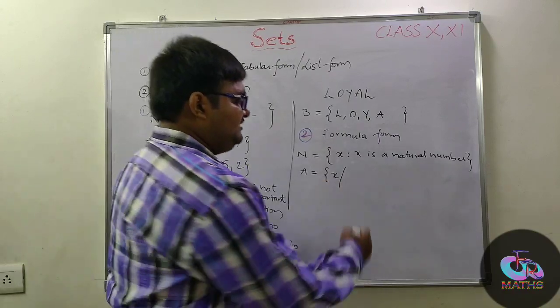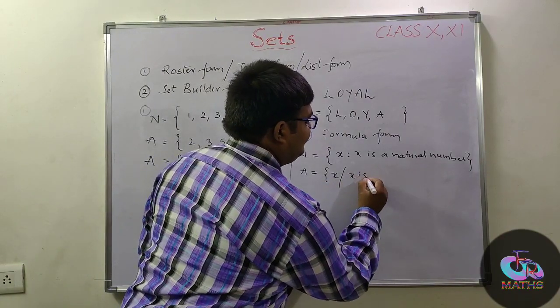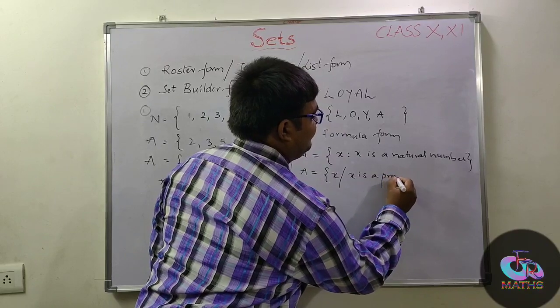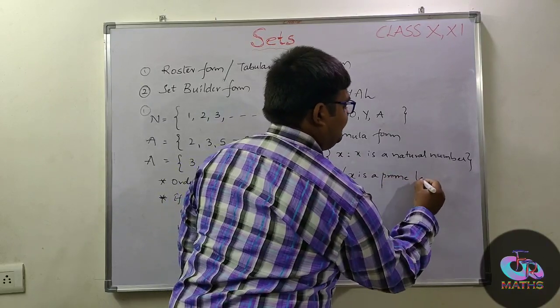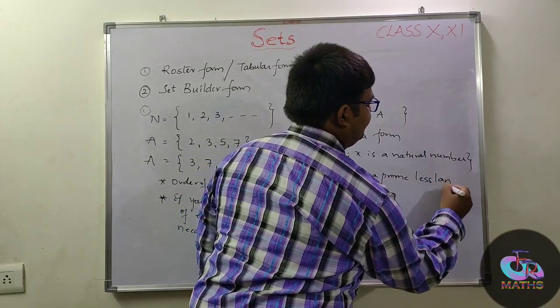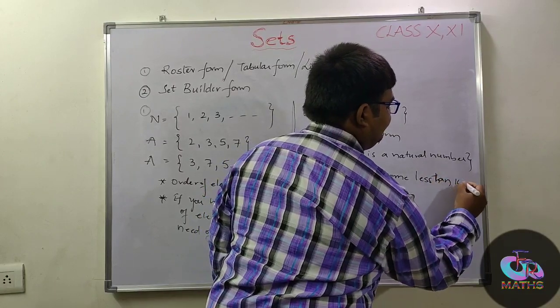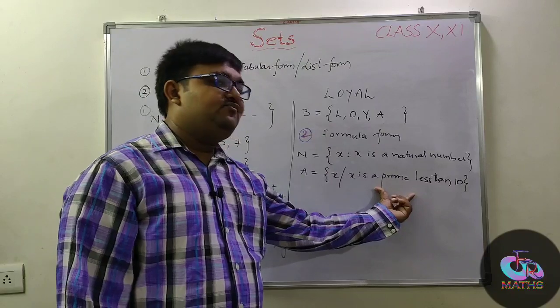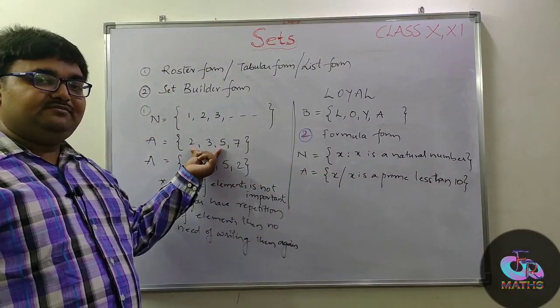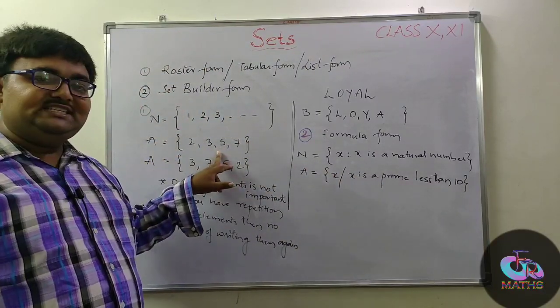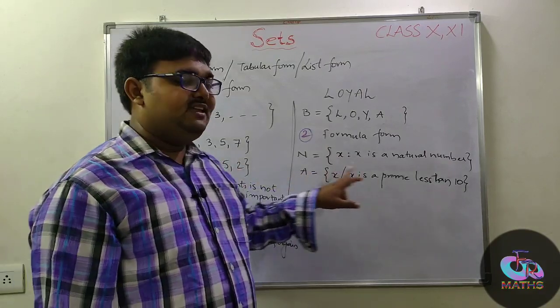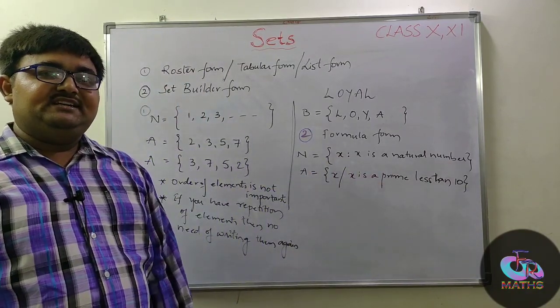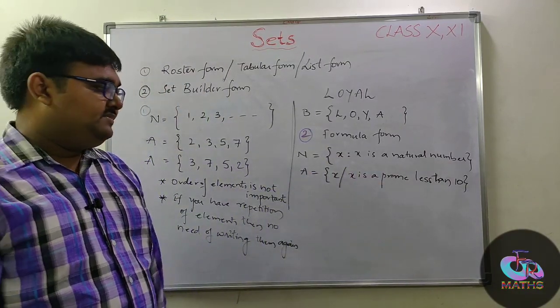So x such that x is a prime less than 10. This is nothing but the set builder form for this particular notation. This particular set A is in roster form, whereas this set A is represented in set builder form.